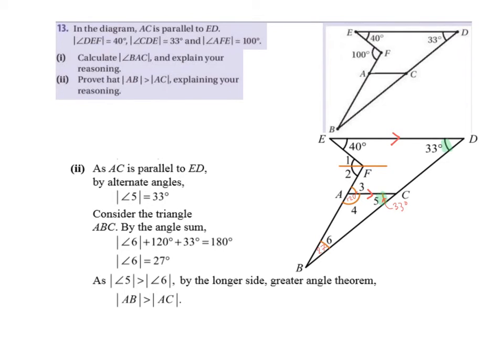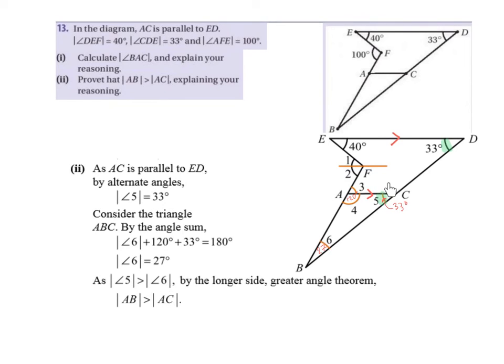As angle 5 is greater than angle 6, by the longer side greater angle theorem, the side AB must be greater than the side AC. Angle 5 is opposite the side AB, and angle 6 is opposite the side AC.